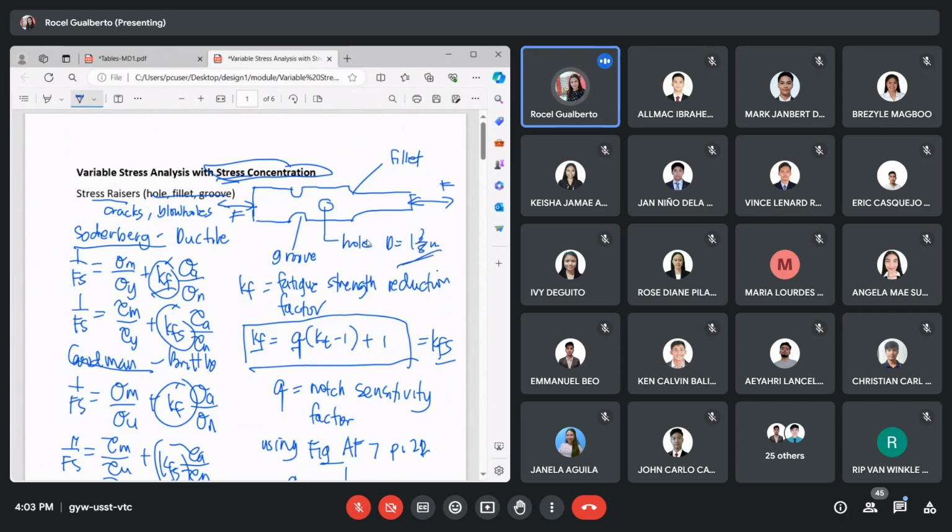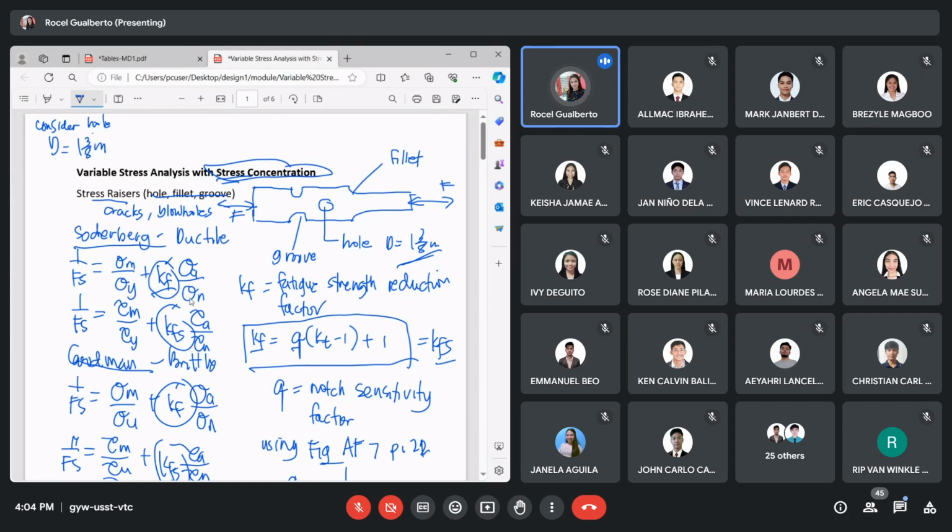So, meron po tayong magiging answer ulit sa groove at sa fillet. Magiging solution niyo po, if it contains several stress raisers, eh di gagawin po yan per stress raiser. Halimbawa, consider the hole, you obtain a diameter 1 and 3/8.